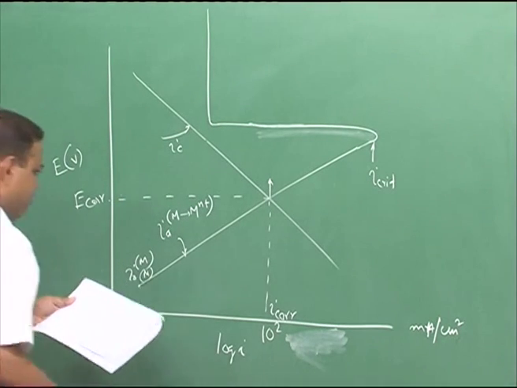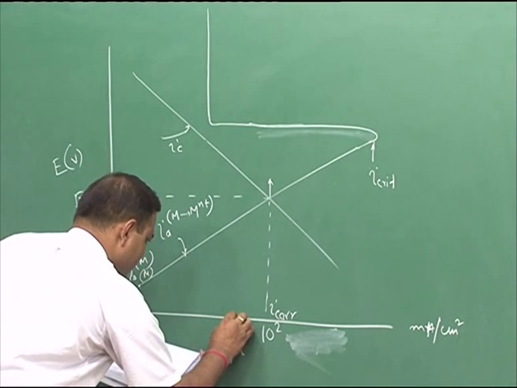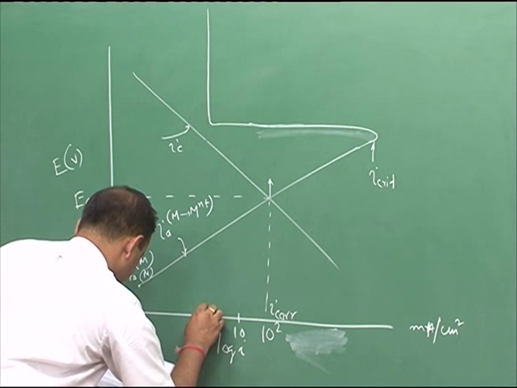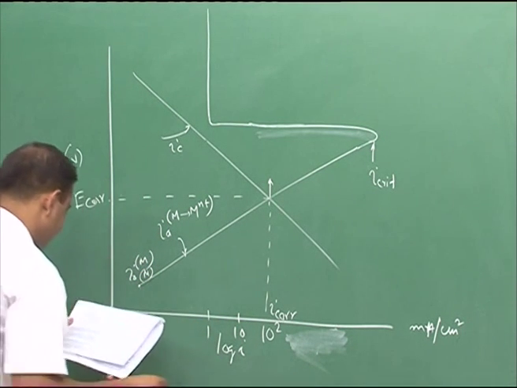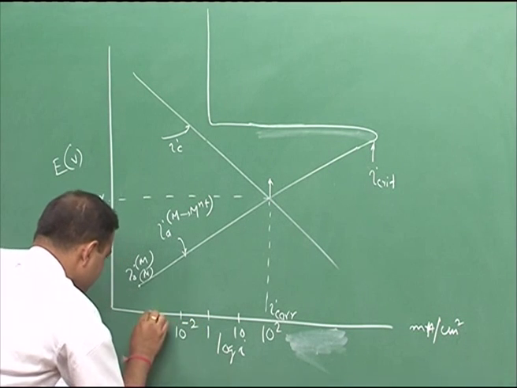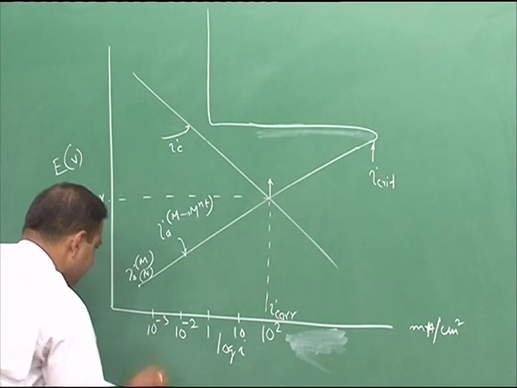Now, let me put some values. This is in log scale. So, this is 10, this is 1, then this is 10 to the power minus 2, 10 to the power minus 3.